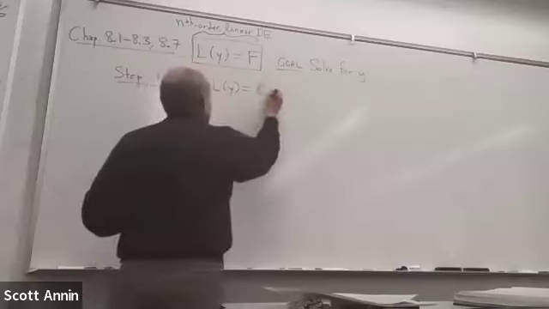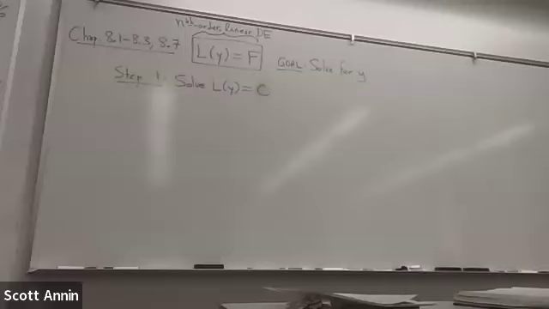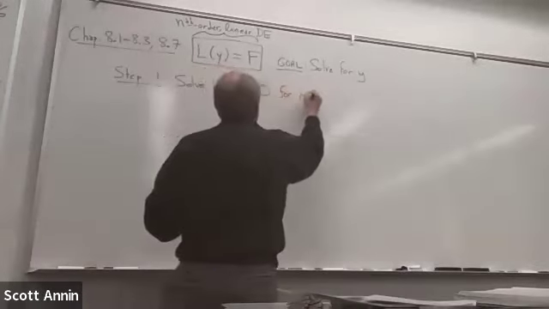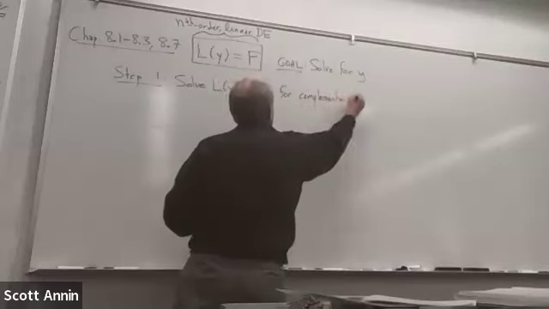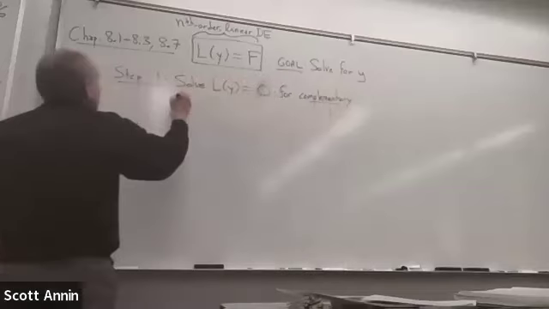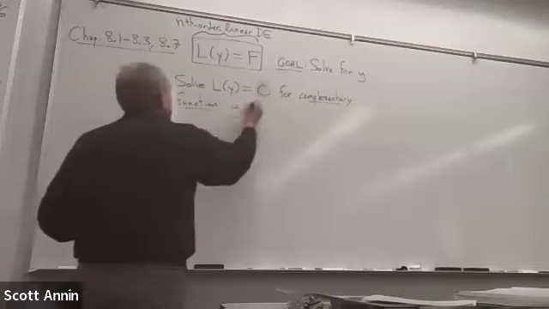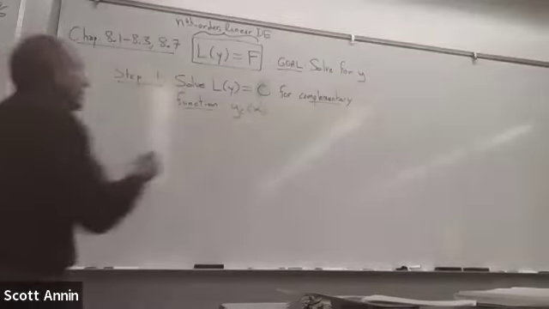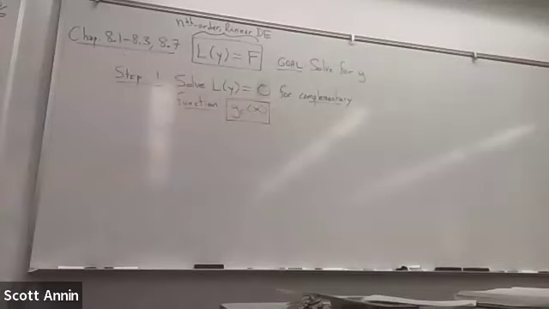And when it's homogeneous, it just means it's equal to 0 on the right side. And when we solve that, we're solving for what was called the complementary function. So just to quickly put that down again here, we're going to solve for the complementary function, which is y sub c of x. And I would always recommend when you're doing these problems, put that thing in a box again, so that we can find it later.